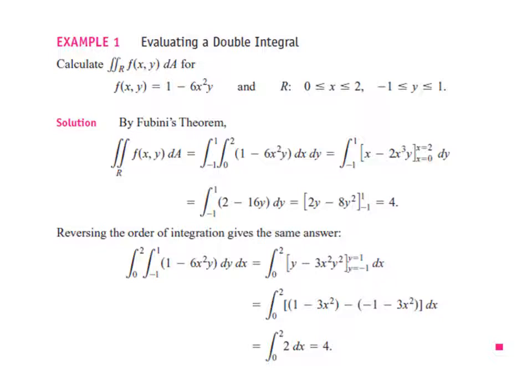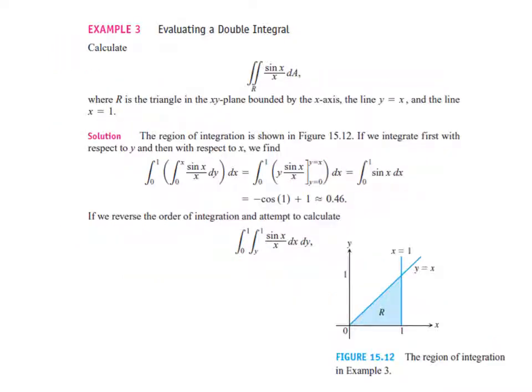Integration of 2 with respect to x is 2x, then apply the upper limit 2, 2 into 2 is 4. So the result is 4. In the first case the result is 4, in the second case the result is also 4. So the order of integration is immaterial in the case of constant limits.